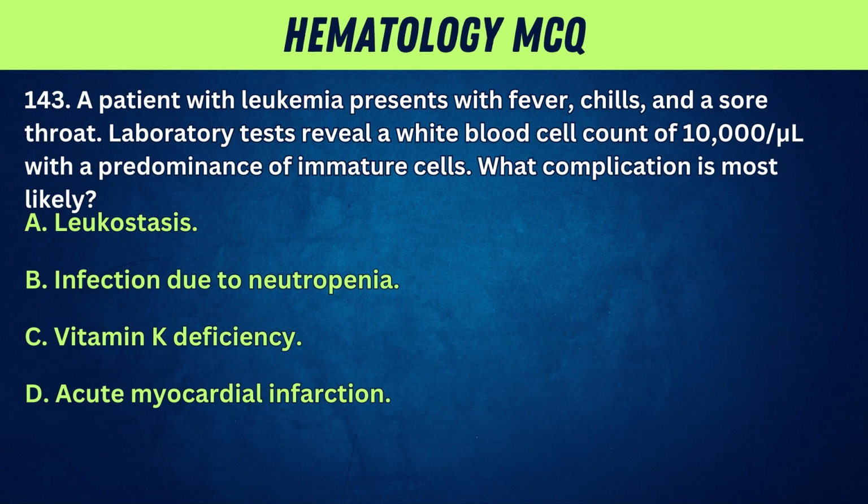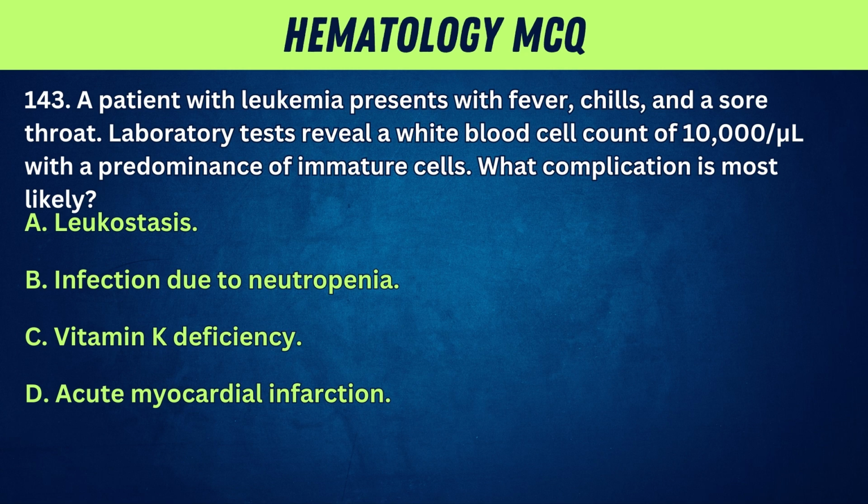143. A patient with leukemia presents with fever, chills, and a sore throat. Laboratory tests reveal a white blood cell count of 10,000/L with a predominance of immature cells. What complication is most likely? A. Leukostasis. B. Infection due to neutropenia. C. Vitamin K deficiency.